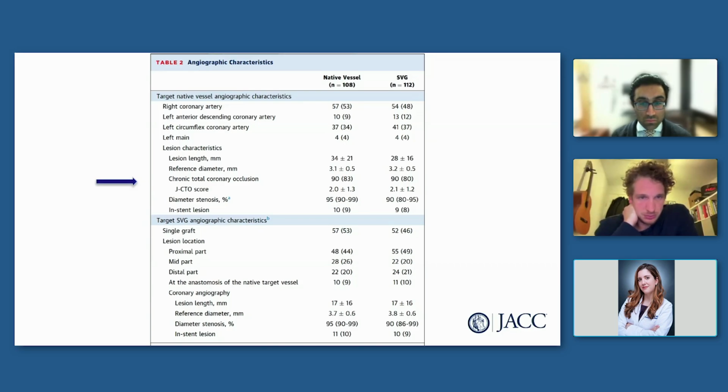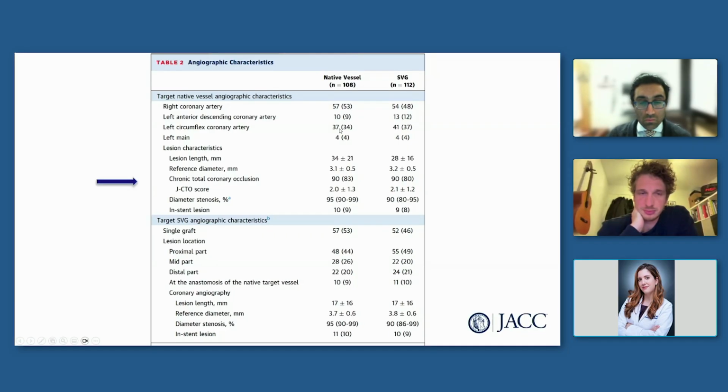You can see there that it was 90% in both. And then you can see the numbers there, 83 in the one arm and 80 in the other. That is a high number of chronic total occlusions, much higher than what was seen in the observational data. And so that certainly could be one reason why the outcomes of this study look different.